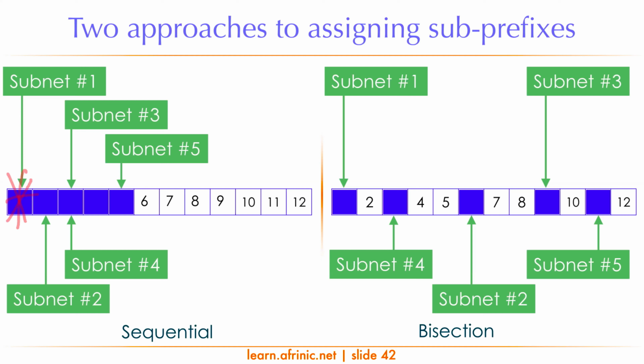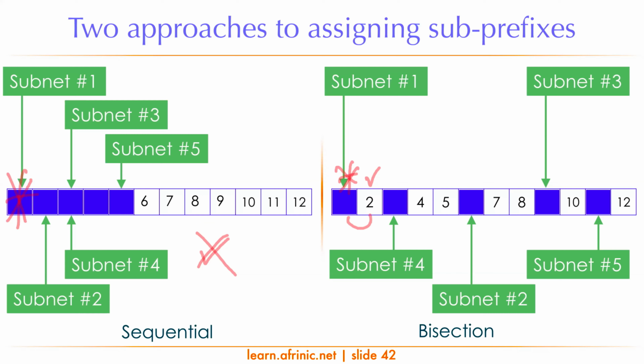So if customer one comes later and says, I need more, I'm just going to allocate them the second one, and aggregation for them is going to be very easy. It will be all about just changing the prefix size. You don't have to reconfigure anything. The same thing applies to the fourth subnet and also the sixth subnet. So if someone wants more, there's always space for additional resources.